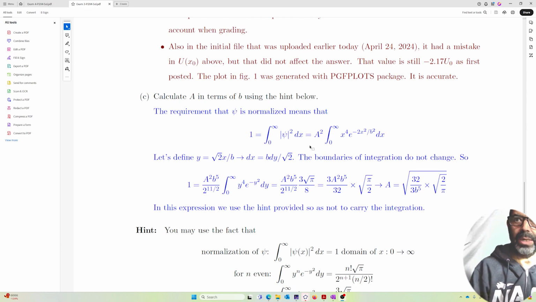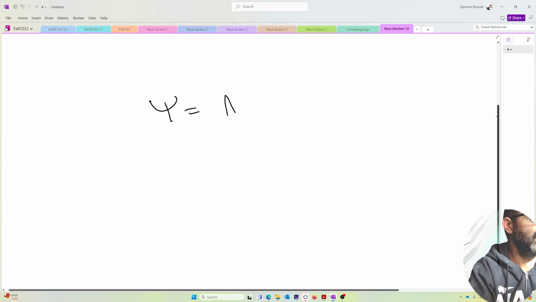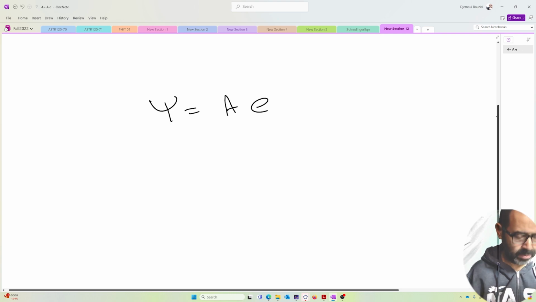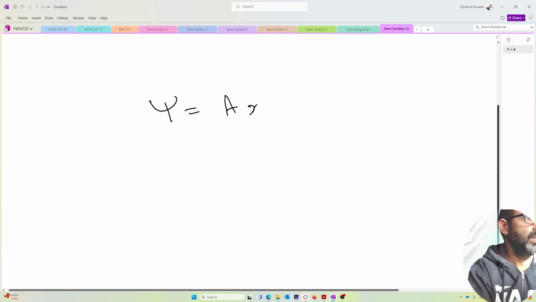So what we're saying here is that this wave function is supposed to be A times an exponential. Sorry, before the exponential, there is a square term in x. So there is an x squared, and you have an e to the negative x squared over b squared.